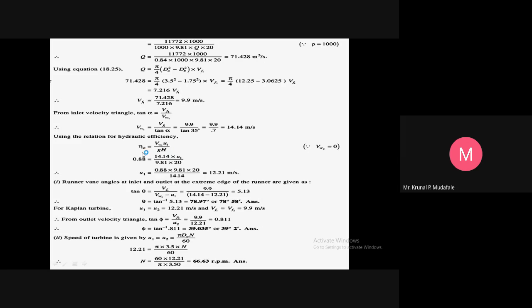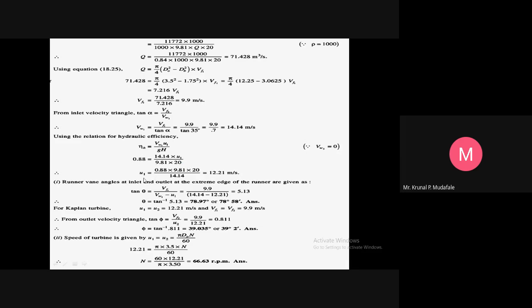The hydraulic efficiency is 88%, that is 0.88. Vw1 you already calculated in the earlier step, 14.14. The peripheral velocity at the inlet, U1, is unknown, divided by G and H, which we know well, right? So from this equation, what is the unknown parameter?